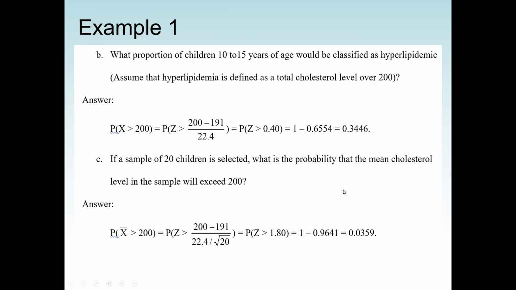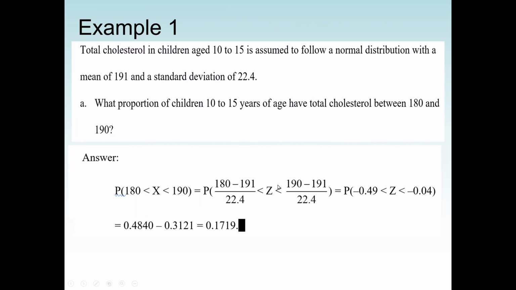So this is a very good example. When you look at the first part A, it's between two values. So we have to look for the two Z's, and we have to look for the two P's. Then we find the difference to get the area between 180 and 190. So find 180Z, 190Z, find 180P, 190P, then find the difference of the two.